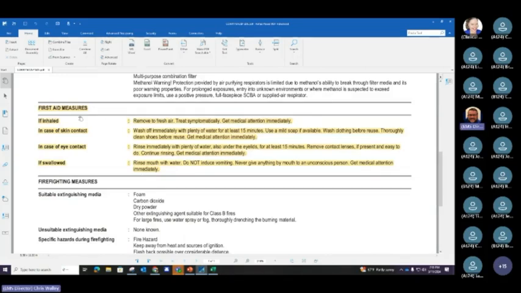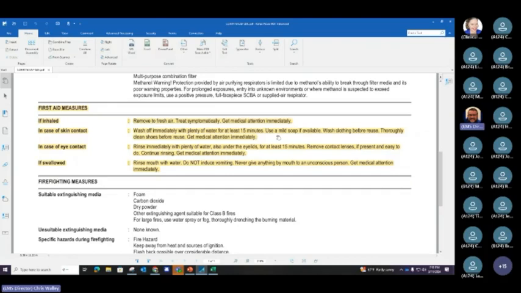Obviously we're not going to know what each chemical is. There's thousands, millions of them out there, but this right here tells us what we need to do if there is contact with the skin, the eyes, or if swallowed. So, a prime example: wash off immediately with plenty of water for at least 15 minutes. Use a mild soap if it's available. Wash clothing before reuse. 90% of the time it's easier just to throw them away.